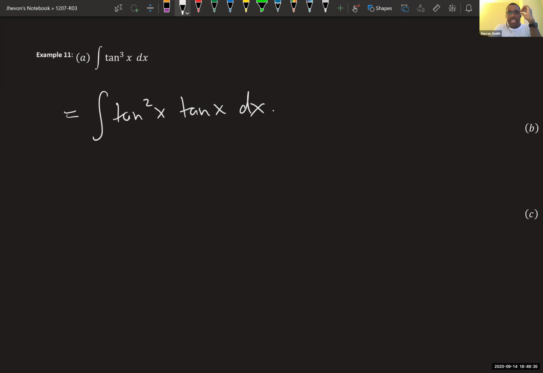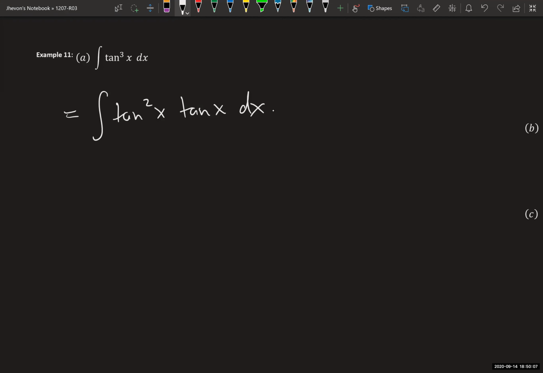Yeah, but do you see that anywhere? No. Yeah, so any other ideas? If you take the tan x as the u, then the du would be secant squared x, which also might not really help us.